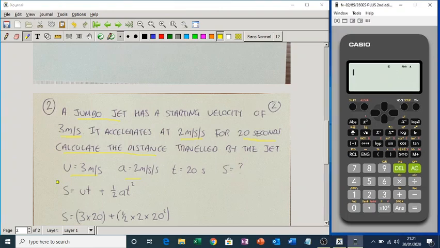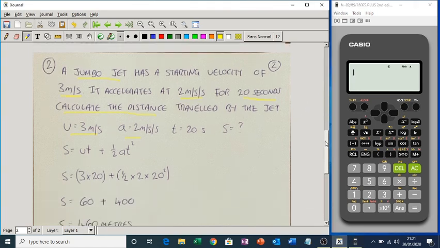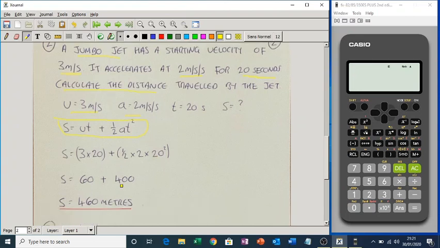So there's the formula again, which is what you'll be using for these questions. S equals ut plus a half at squared. Don't forget the squared. So we know u is 3, we know t is 20, a is 2 and time is 20. So in your calculator you can either do it all in one go or break it down like I've done.